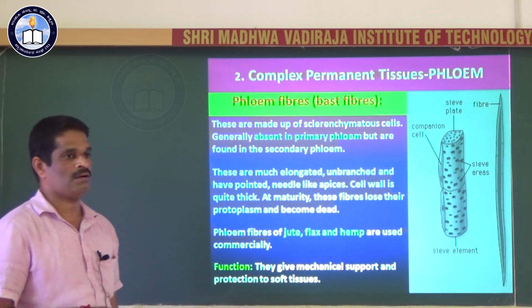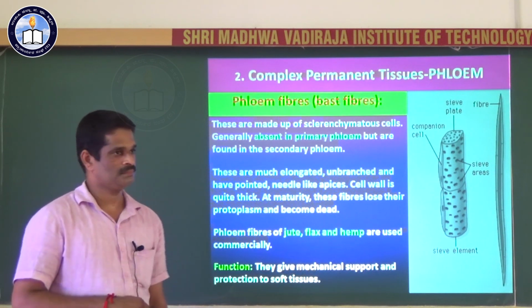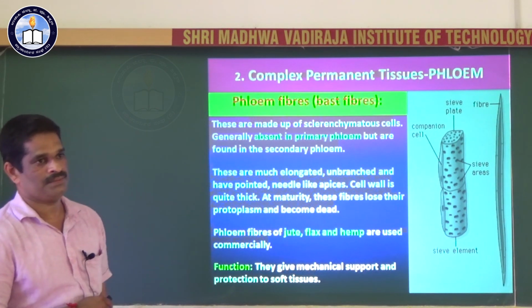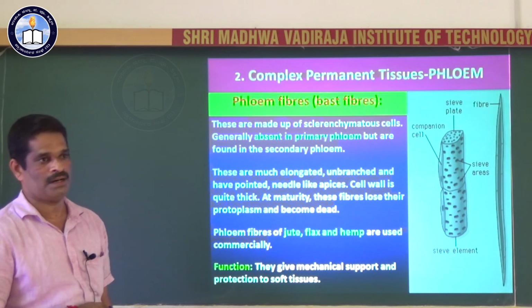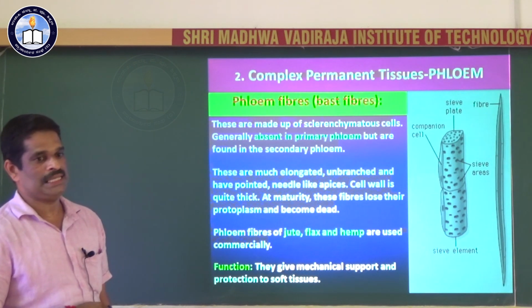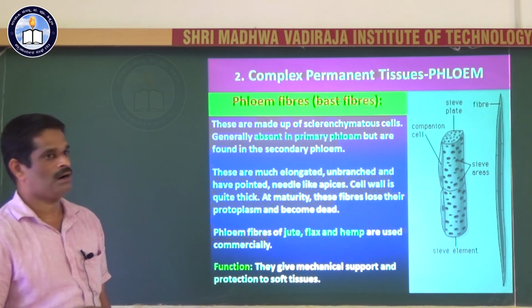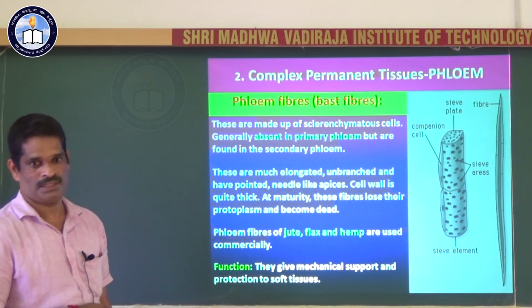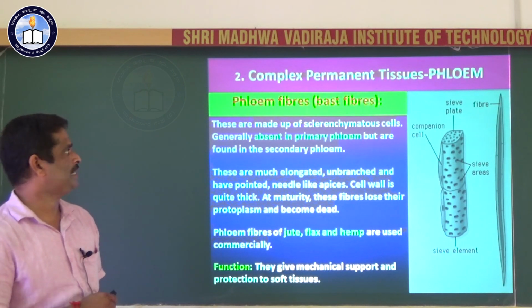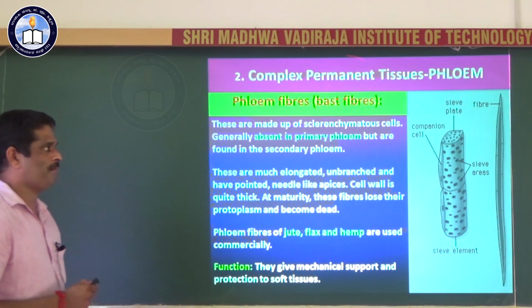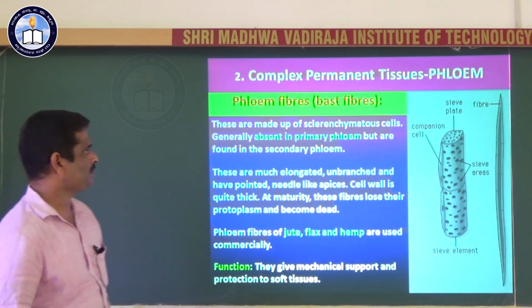As a whole, the phloem is called a living tissue, whereas the xylem we call a dead tissue, because xylem has only one living component, that is xylem parenchyma. The phloem is a living complex permanent tissue. The only dead component is the phloem fibers or the bast fibers.